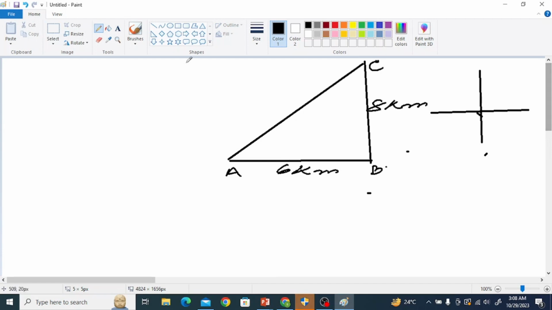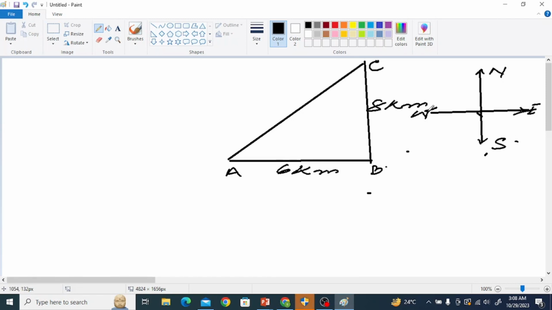On the right it's east, on the left it is west, on the top it is north, and at the bottom it's south.